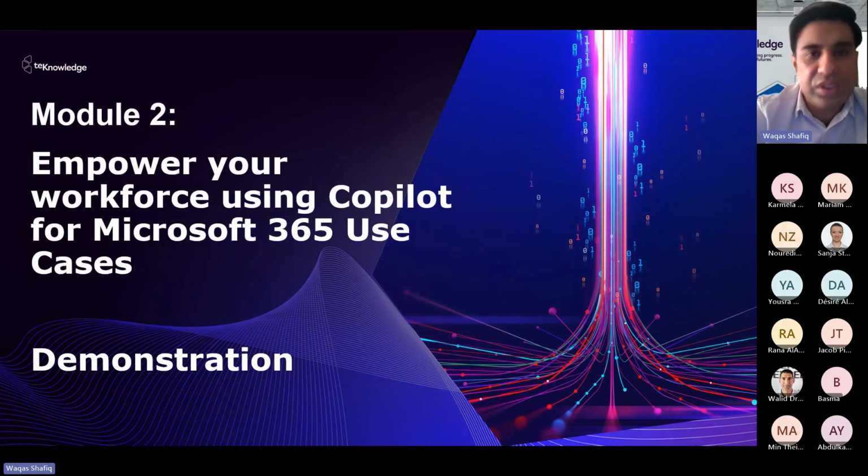Because the essence of Copilot for Microsoft 365 is that this is a product which is going to enhance your productivity. And when I say productivity, it includes two things: efficiency plus effectiveness. What is efficiency? For example, you are doing a task and I say to you, please do it efficiently.